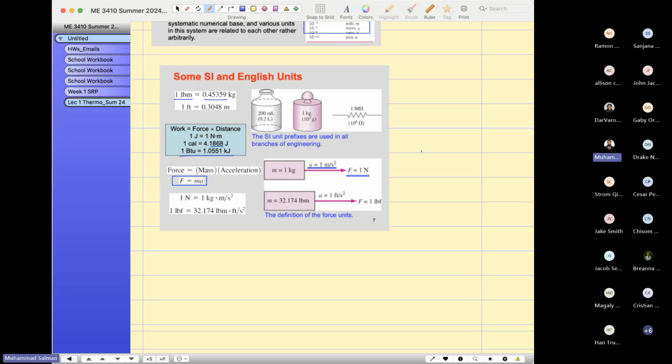Usually in Europe they use SI systems, in America they use English systems, and in Asia they also use SI systems. So you should know as a problem solver how to solve the problems with different units. It's not difficult. I assure you can easily solve in both cases.